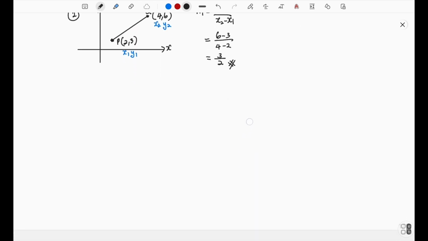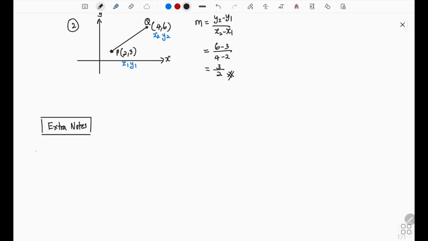Now I have some extra notes for you. Alright, the first extra note is when you have a straight line, and let's give it the points P and Q, and you have another point somewhere here, I call it point R. I can say that the gradient of my line PQ will be equal to the gradient of my line RQ, or it's equal to the gradient of my line PR.